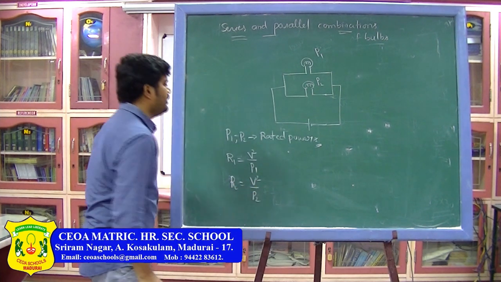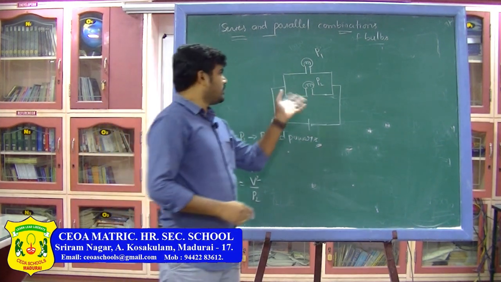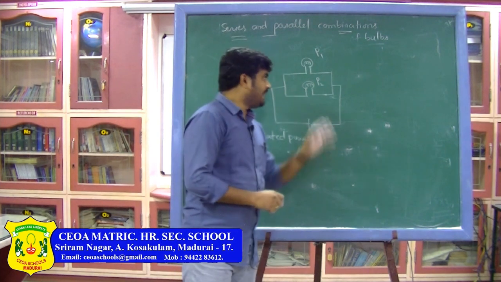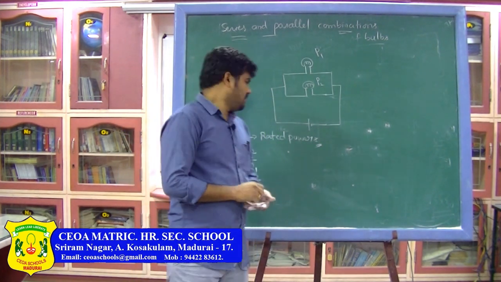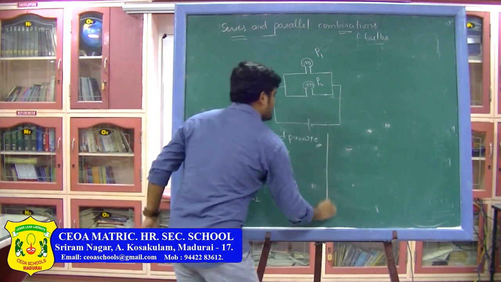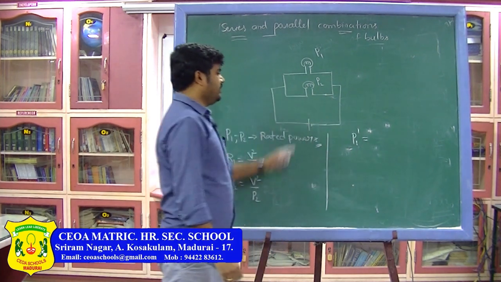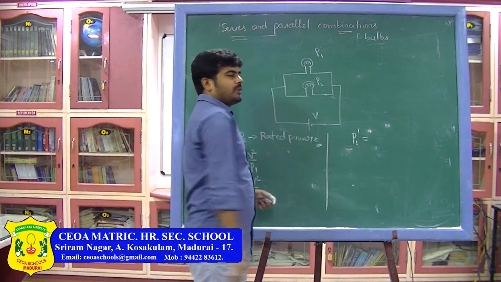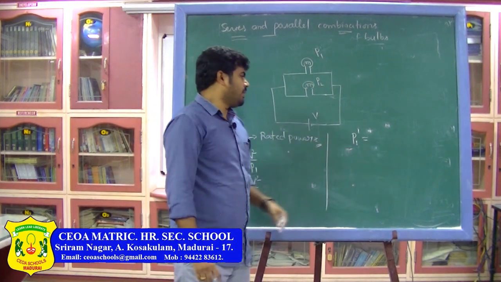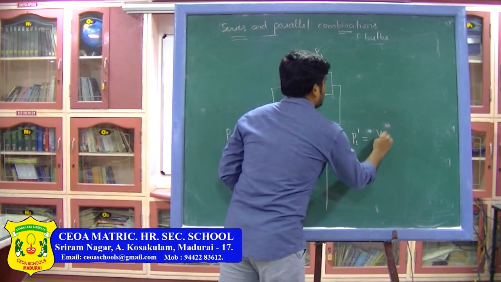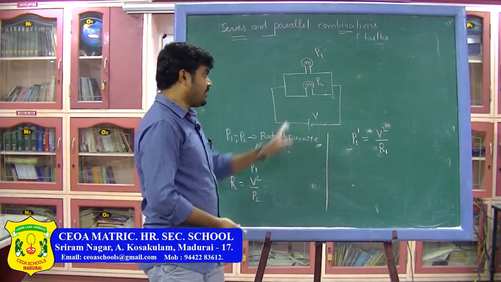So now once again let us see which bulb will glow brighter, a low wattage bulb or a high wattage bulb, in parallel combination, like what we did in the case of series combination. When I connect these bulbs in parallel like this, for V volts, the power consumption by the first bulb, P1 dash, is V square by R1, because in parallel combination the potential is common for both bulbs.